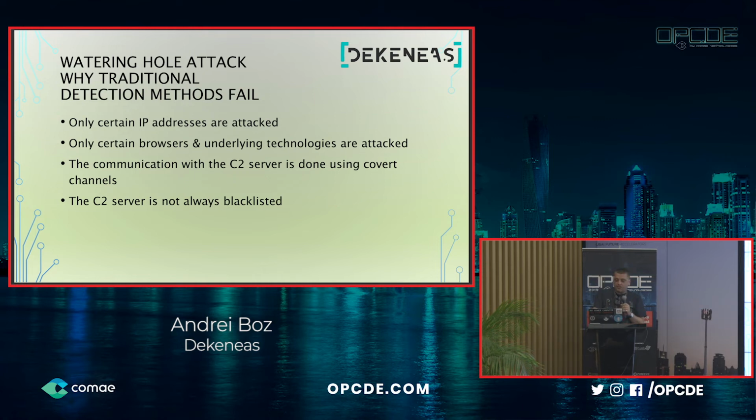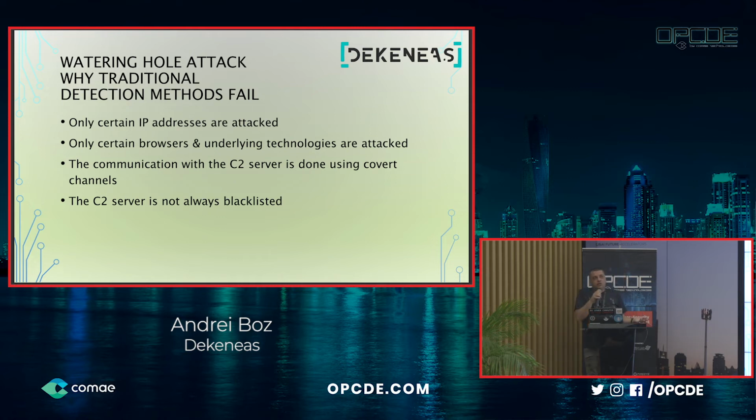Another big problem is the fact that the communication with the command and control server is done using covert channels. For instance, as a side note, the Carbanak rootkit variant we analyzed used to communicate over HTTPS with a legitimate website, and the exfiltration and communication was done through base64 encoded cookies.